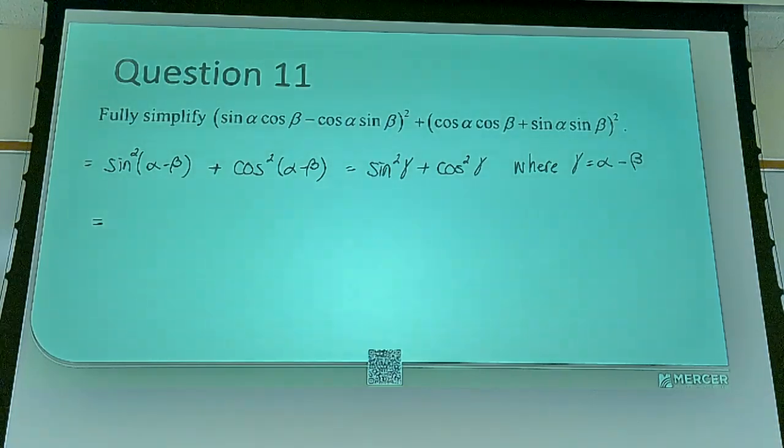What does sine squared of gamma plus cosine squared of gamma equal? One.